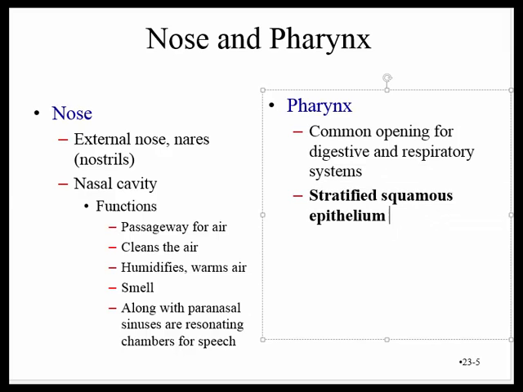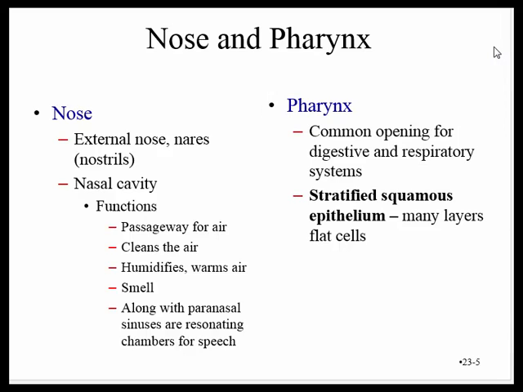If you recall, this is many layers of flat cells. If you're swallowing something, that's providing a lot of friction on those cells, so if you only had one layer of cells there, you would lose your throat. Having multiple layers of cells is quite beneficial.